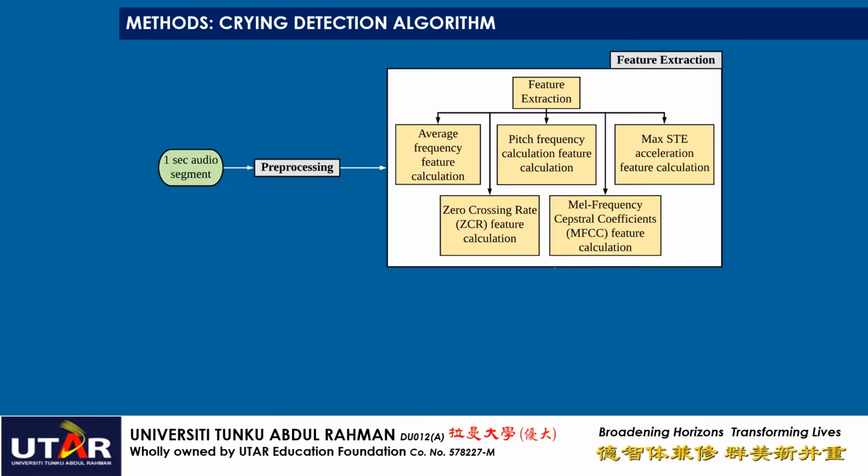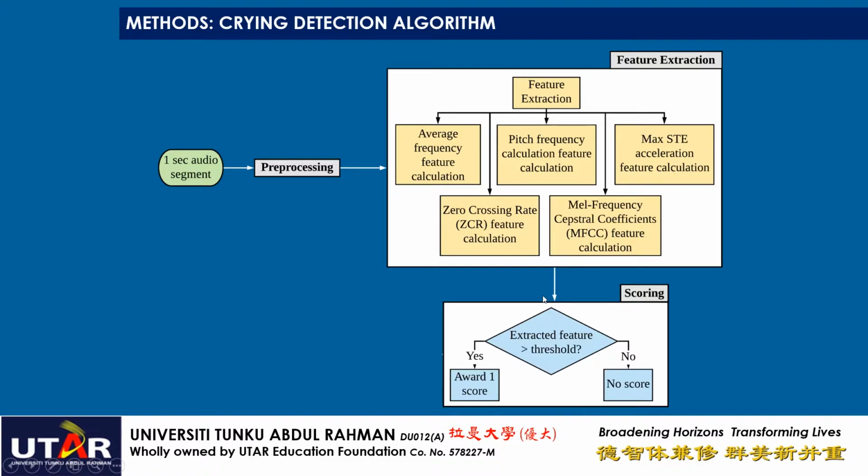So this is our proposed crying detection algorithm. In this algorithm, the recorded sound is processed on a second-by-second basis. For every 1 second segment, the signal is pre-processed. Then the signal goes through feature extraction, where the 5 features I mentioned are extracted from the signal.